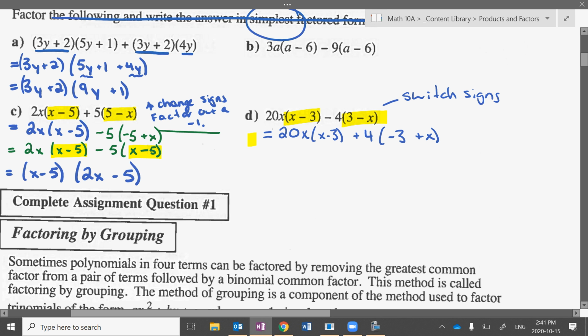Again, you could skip this next step or do this all in one, totally personal preference. I'm going to rewrite it though. So plus 4 x minus 3, all I did was rearrange. So we're switching the signs by factoring out that negative 1.